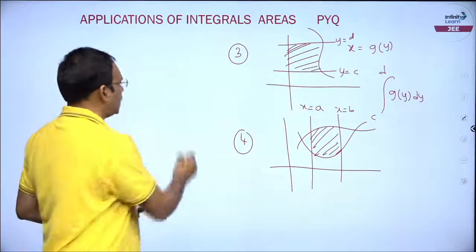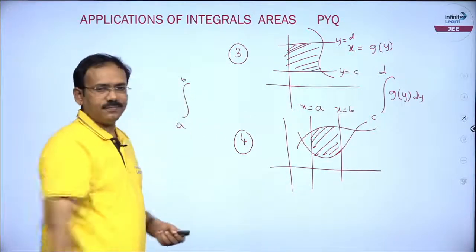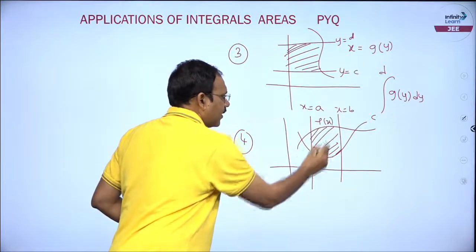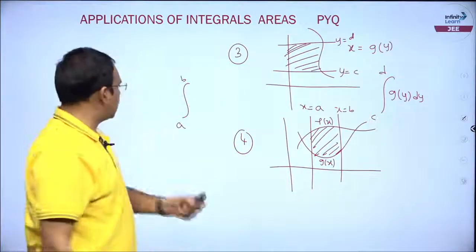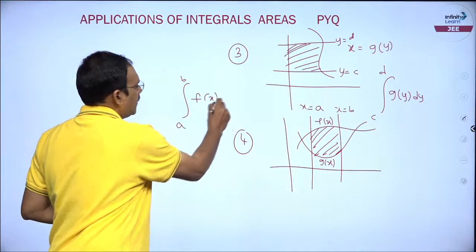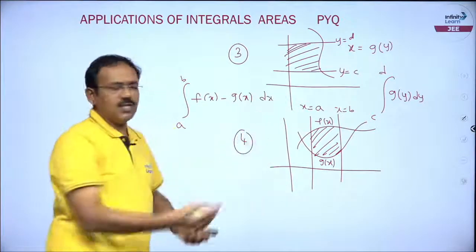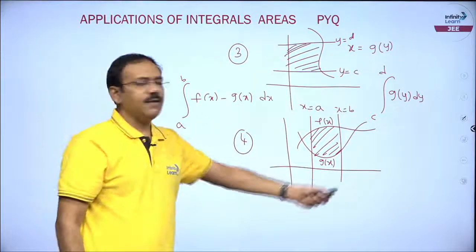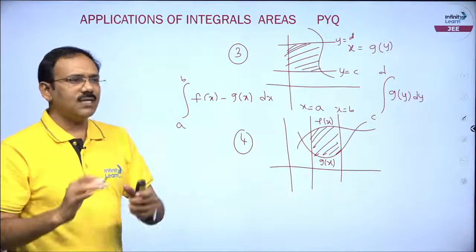The answer is simple: integral a to b, the upper curve say y is equal to f of x, lower curve say y is equal to g of x. The answer is integral a to b, upper curve minus lower curve, dx. This gives the area bounded between these two curves between the limits x is equal to a to x is equal to b.